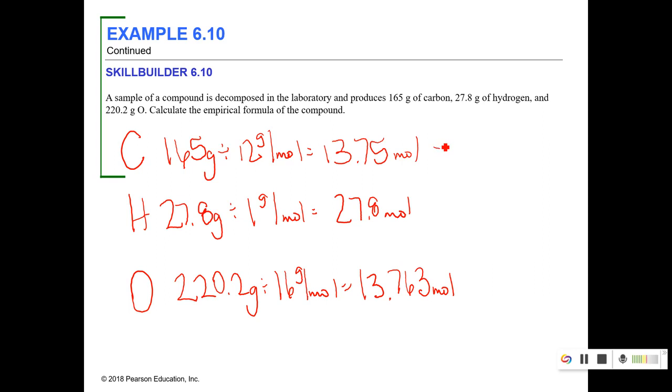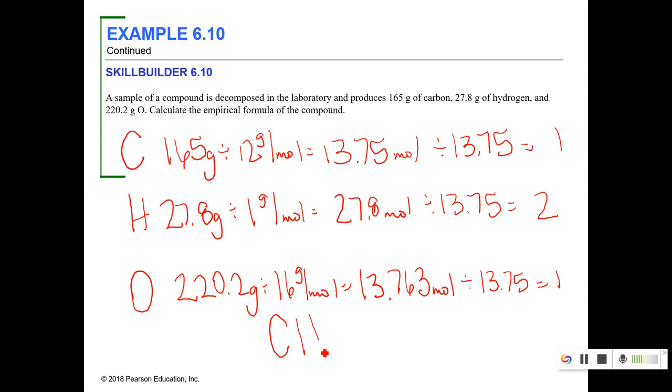Okay, we divide by the smallest, which is 13.75. If it is within a tenth of a whole number, that's what we just deem it as. It's that whole number. So these are whole numbers, which means those are our subscripts, CH2O.